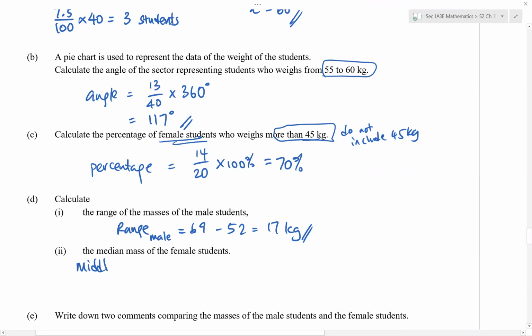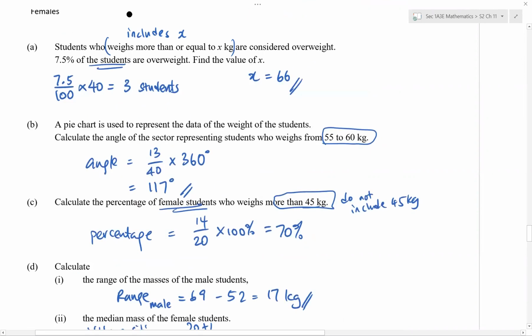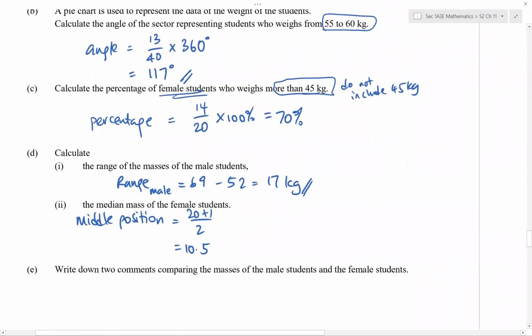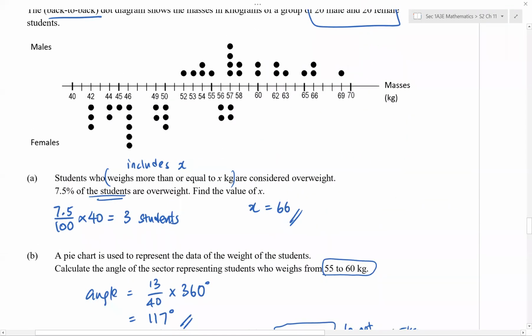Now find the median mass of the female students. Middle position. There are 20 females, so 20 plus 1 divided by 2 is 10.5. We're looking at position number 10 and 11, and then we're going to take the average from there. Just for the females. So position number 1, 2, 3, 4, 5, 6, 7, 8, 9.